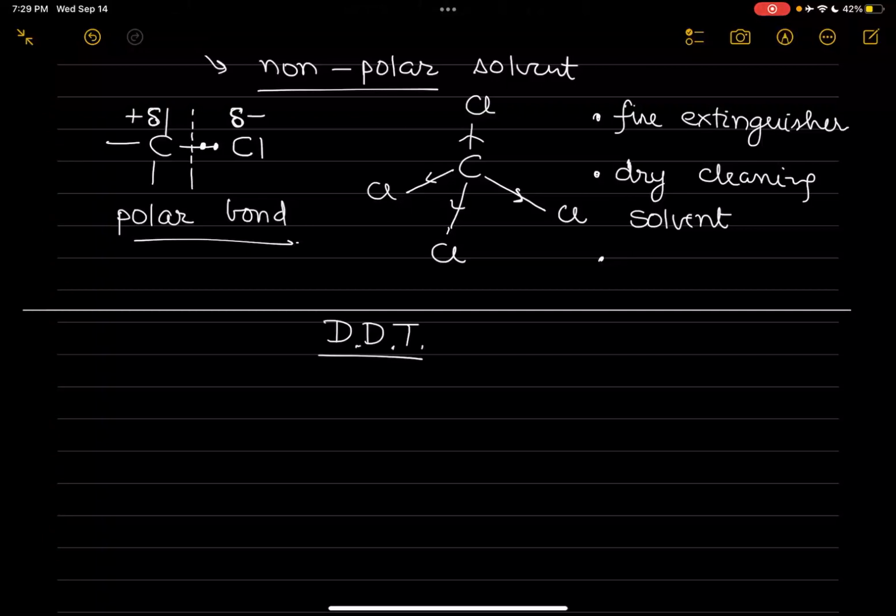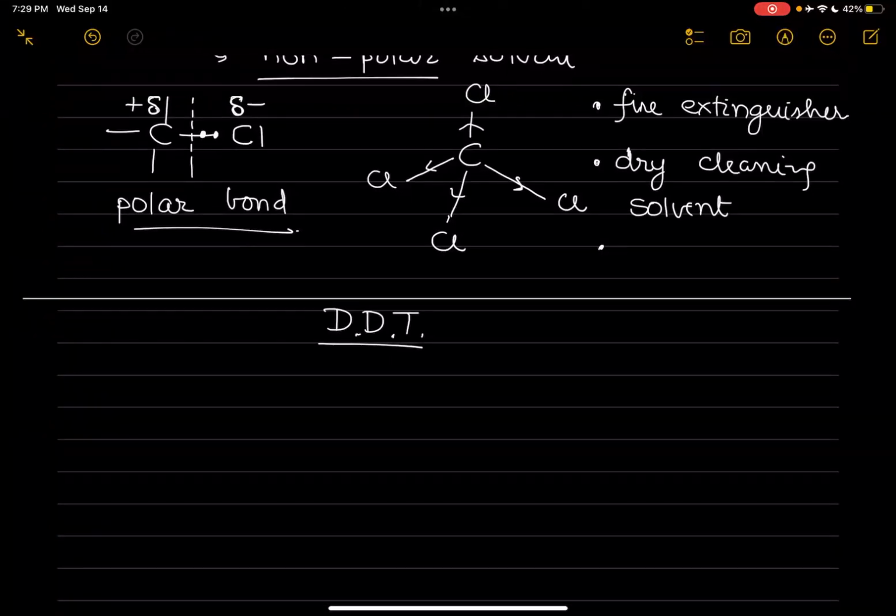Okay. So what's the name of DDT? It has been given in your NCERT also. Dichloro diphenyl trichloroethane.